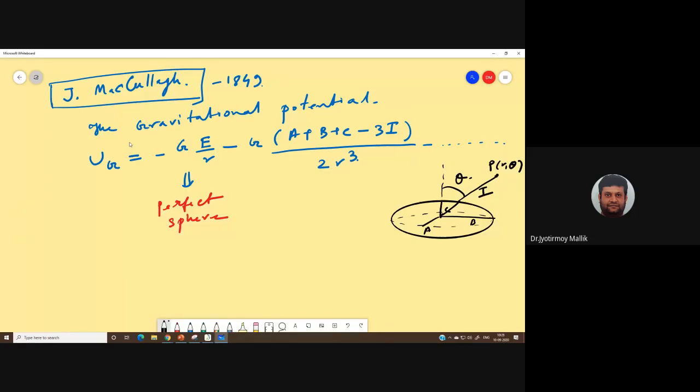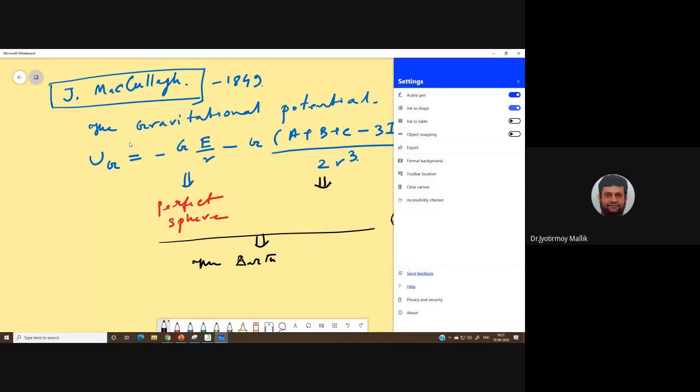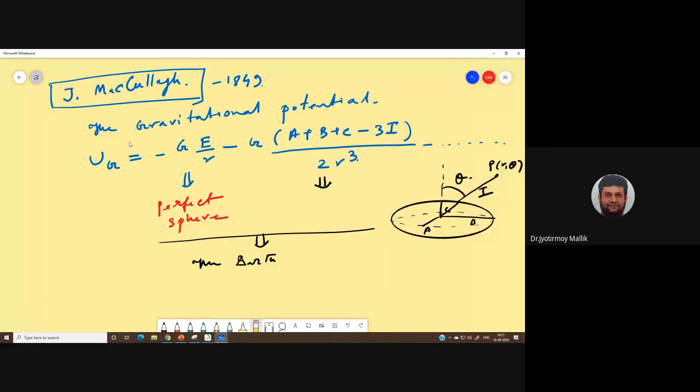So this is what he has given. Now this is based on thinking that this term is for a perfect sphere, and then you add this other term, so together they provide an Earth that is an ellipsoid.